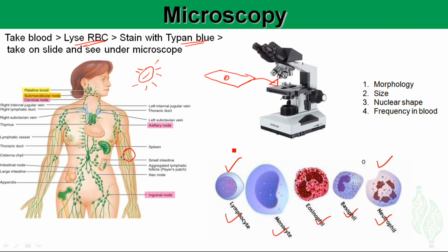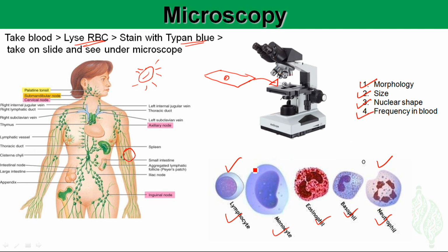So if you take the mice lymphocyte, then it is more difficult to see than the human lymphocyte. But you can do this depending on their morphological change, size, nuclear shape and the frequency in blood.